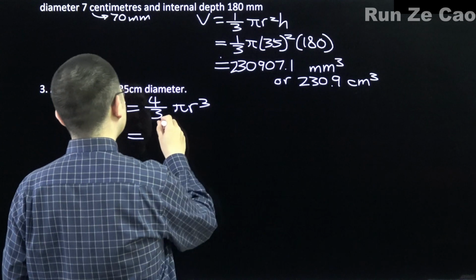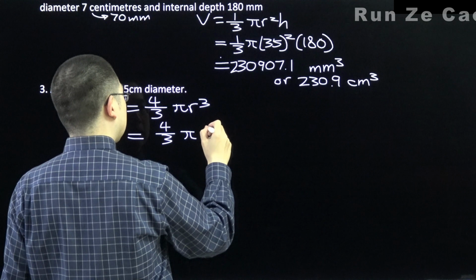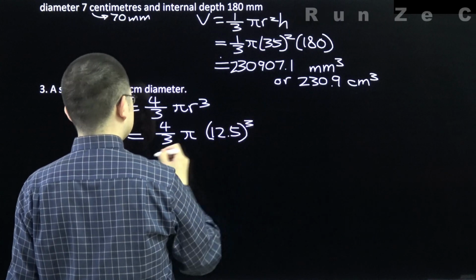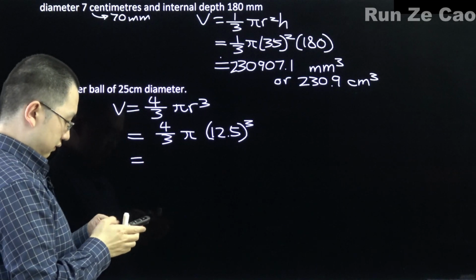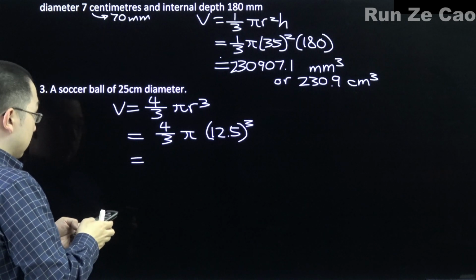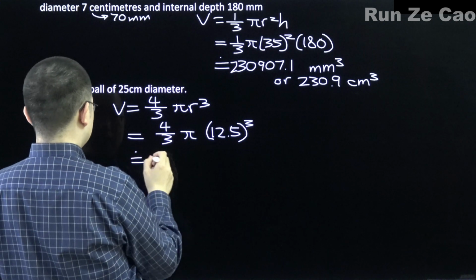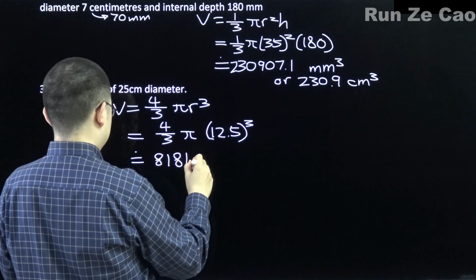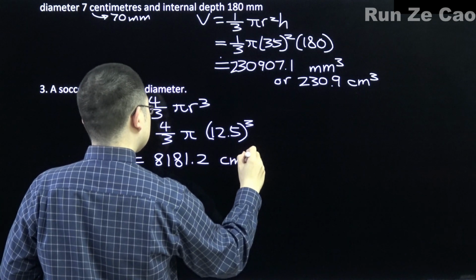So 4/3 pi, and then radius is 12.5 cubed. 12.5 cubed times 4 divided by 3 times pi. So this is approximately 8181.2 centimeters cubed.